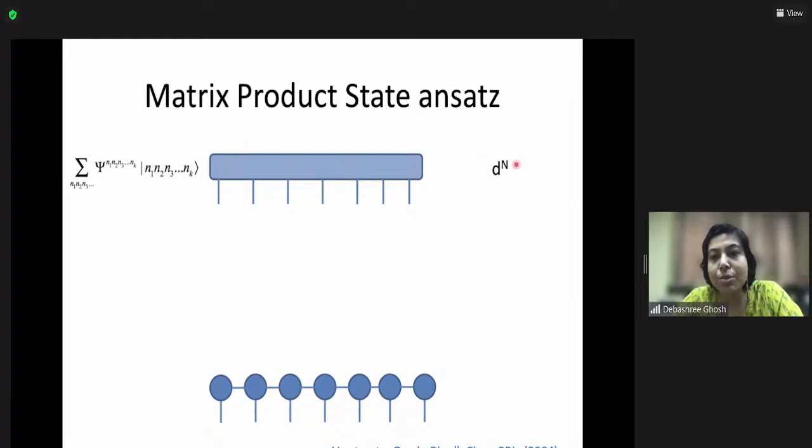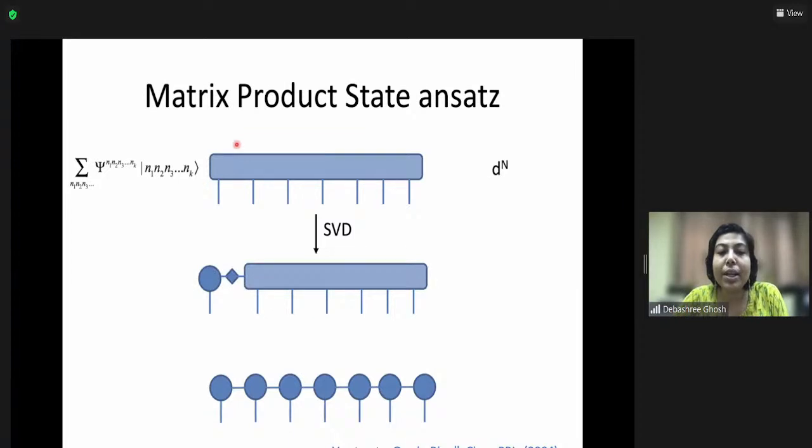If I perform a singular value decomposition, taking all indices on the right side as a combined index, and this index kept separately, and I take a singular value decomposition in between, then this is what it would look like after the decomposition.